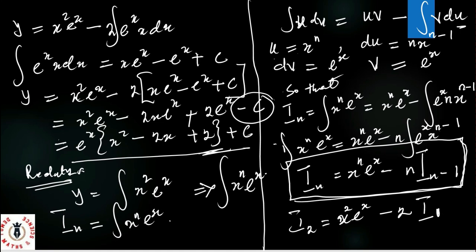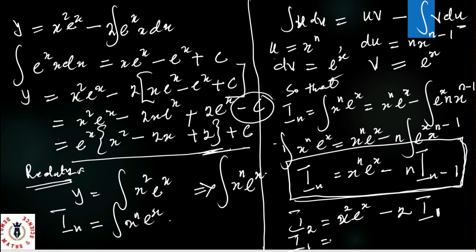Now if this is I2, remember here we have I1 again. I1 also will now be the same thing as x raised to power 1 e raised to power x minus 1 into I naught.